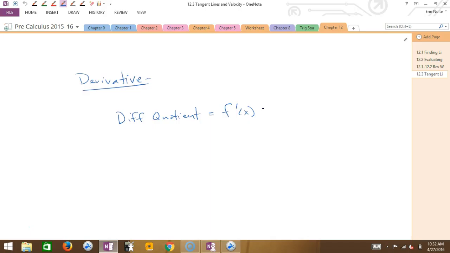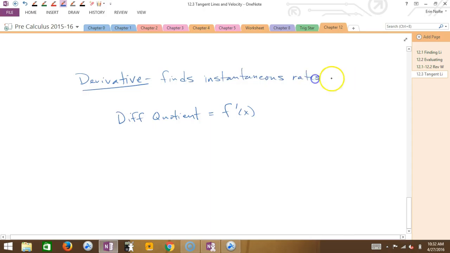It's a rate of change. So a derivative finds instantaneous rates of change. That is so exciting. This allows us to go past the idea of having a constant rate of change.